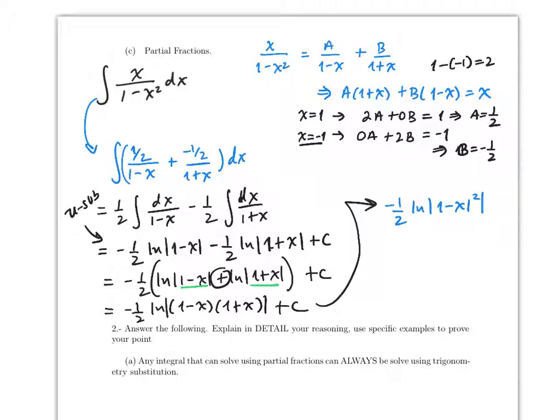The x squared is actually inside. Everything plus c, which is the same answer as the other problems once you simplify. Even if you get this far, if this was the method, this is good enough.